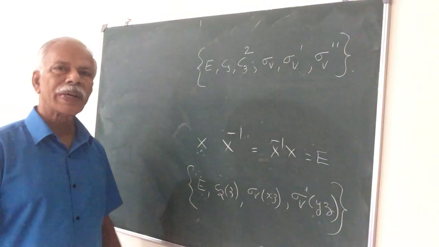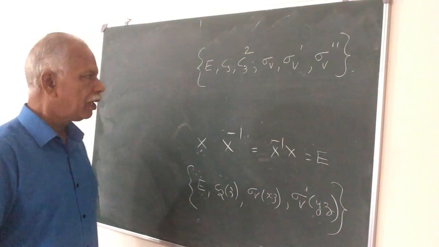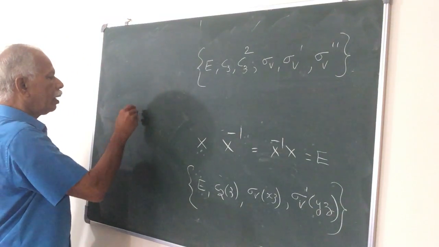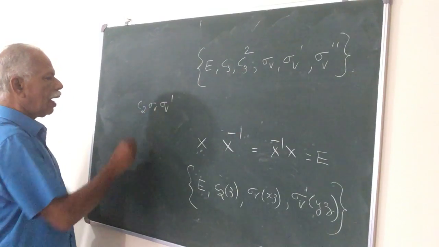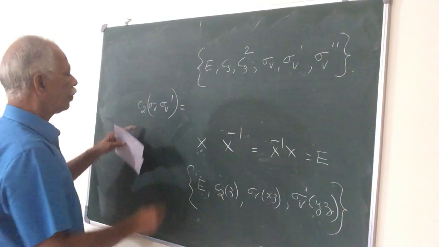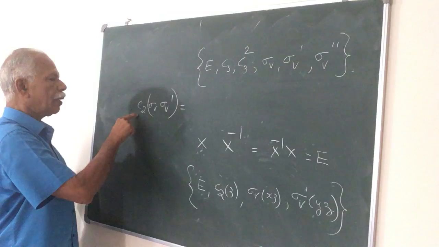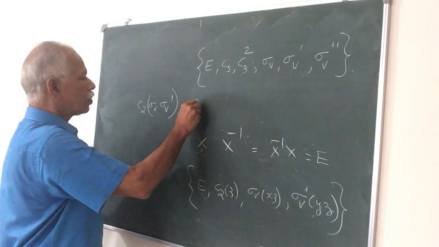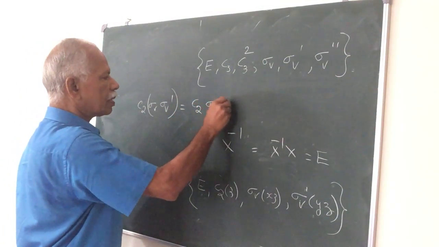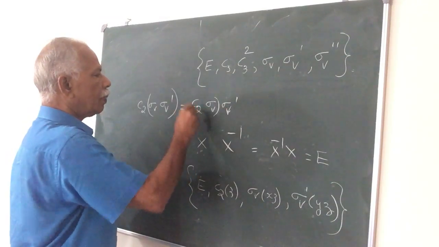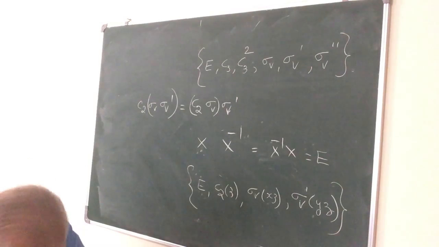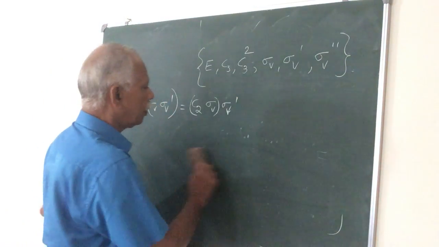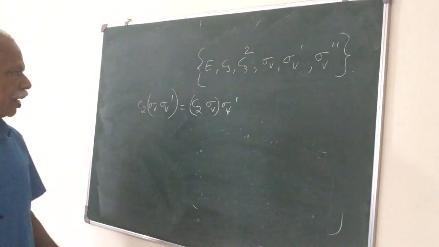The last one is the associative property. Suppose I take the product C2 sigma v dash. I can combine these two and the result can be combined with C2, or C2 sigma v dash, I can combine these two. The ultimate result will be the same. You can easily check it with the multiplication table.